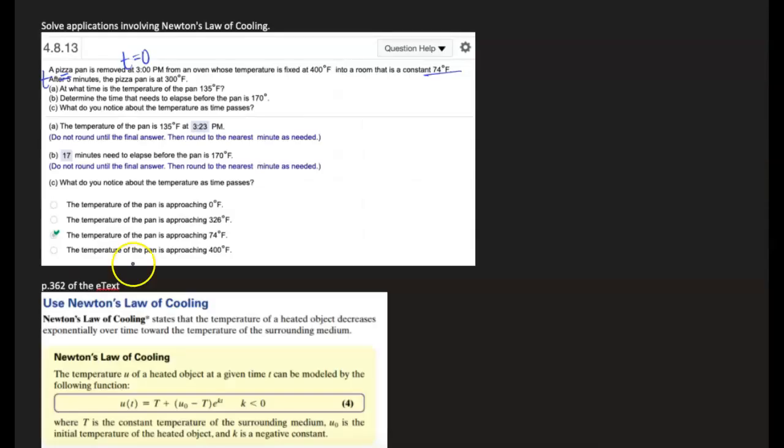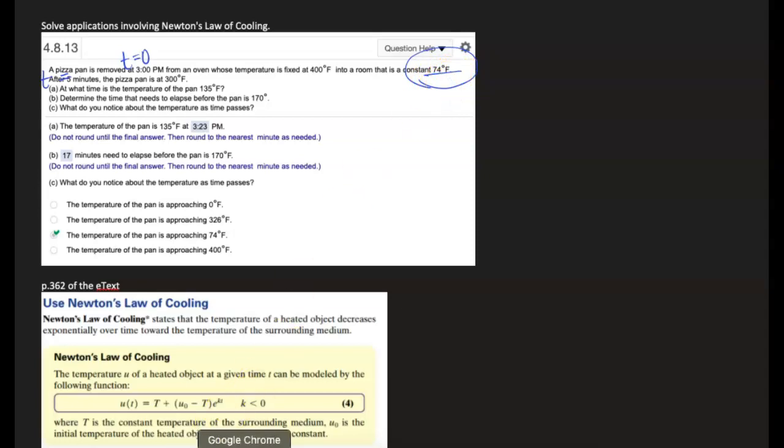In our problem, we were told that the room is a constant 74 degrees. So we would not expect the temperature of the pizza to keep decreasing past 74. In other words, this is going to be treated like an asymptote for this exponential decay.